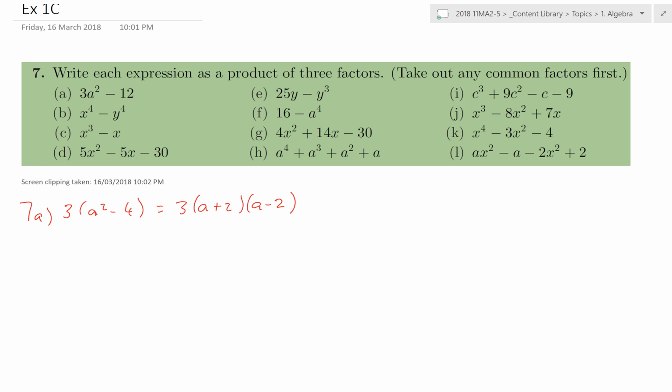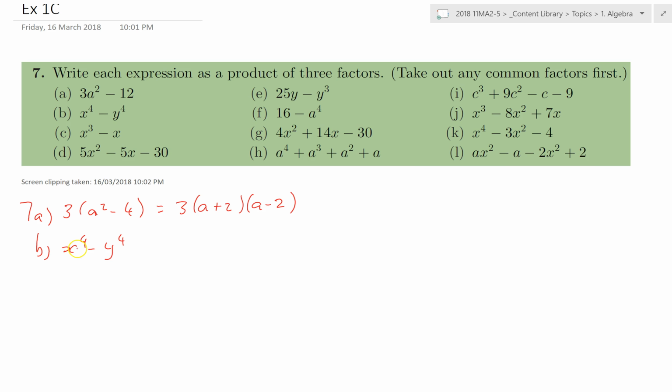Something a bit more interesting. How about b? Moving on to the next one, x to the 4 minus y to the 4. We don't have a difference of 2 squares, right?